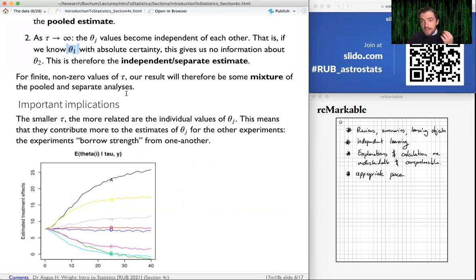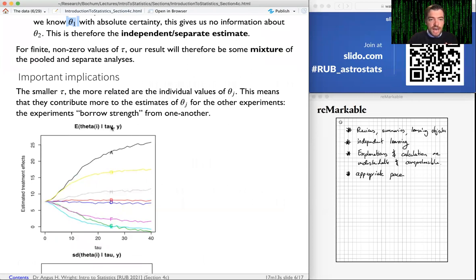And we can actually see this happening. If we take these data and I force tau to be a range of values on the x-axis, and then I calculate the estimated value of theta given all of the schools, A through H, and given the value tau, then what I see is that when tau is effectively infinite, which is 40 plus, the value of theta converges on the separate estimates.